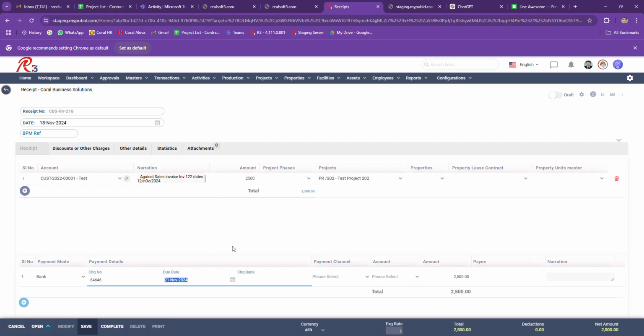Even if you give it today, and even 3 months after, they can accept. But in the bank account, they are going to post this only on the 21st. That is the reality. They will take this check only on the 21st. So on that date only, the company's bank account is going to be deducted.